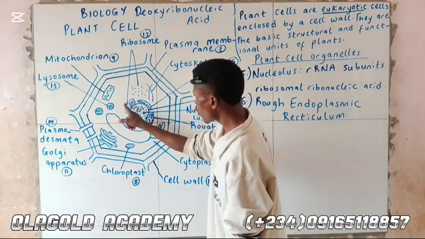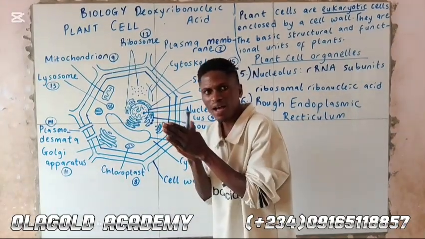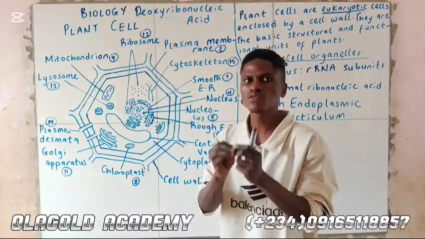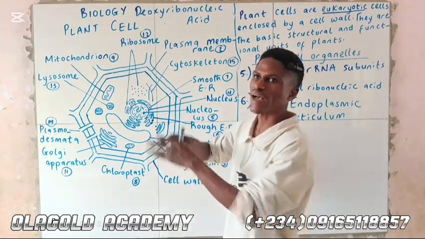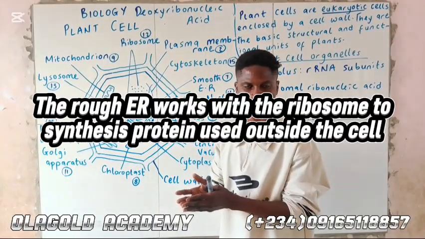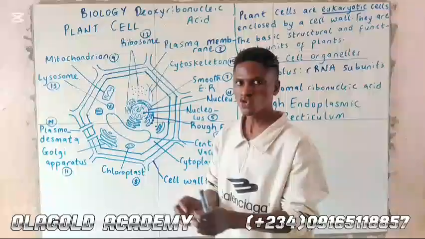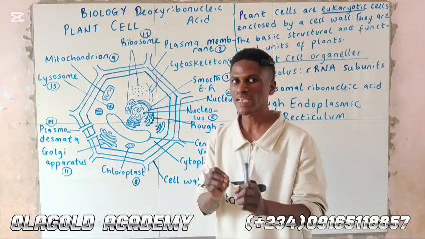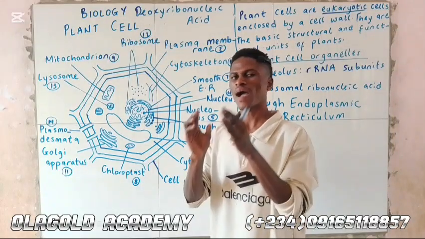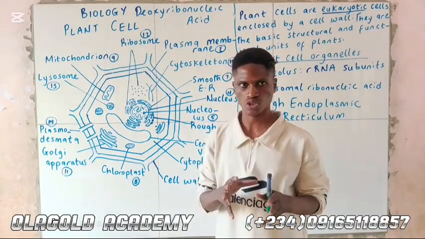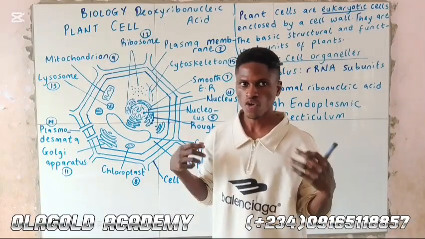Now, the ribosomes on this endoplasmic reticulum work hand in hand to produce protein that are used outside the cell. And I mentioned that some protein they produce are being used to form the digestive enzymes. Some protein they produce are being used to form hormones that are sent for growth all over the body.